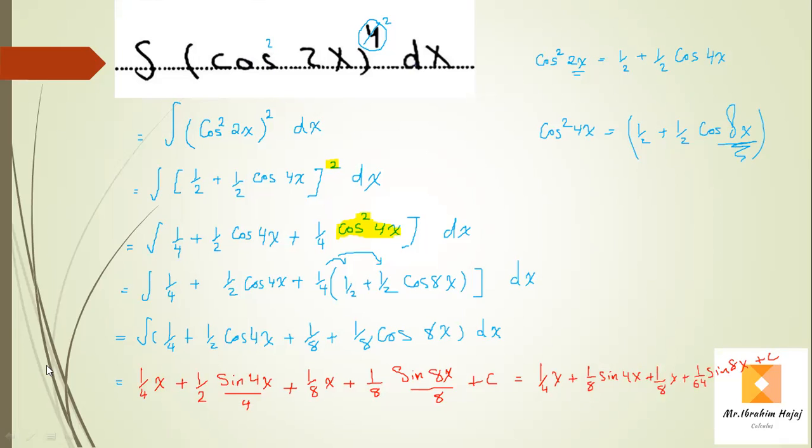You can also add 1 over 4x with 1 over 8x, which is 3 over 8x, in case of multiple choices. So the final answer is 3 over 8x plus 1 over 8 sine 4x plus 1 over 64 sine 8x.